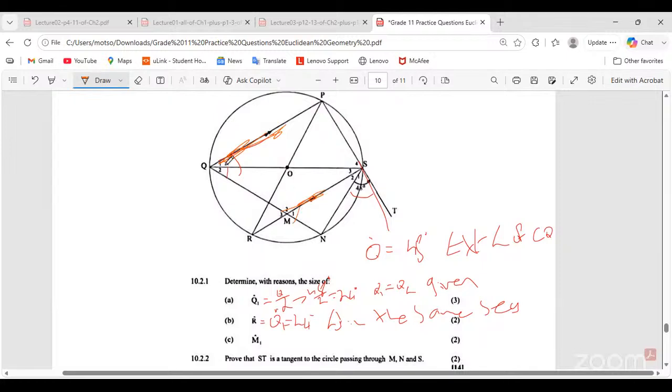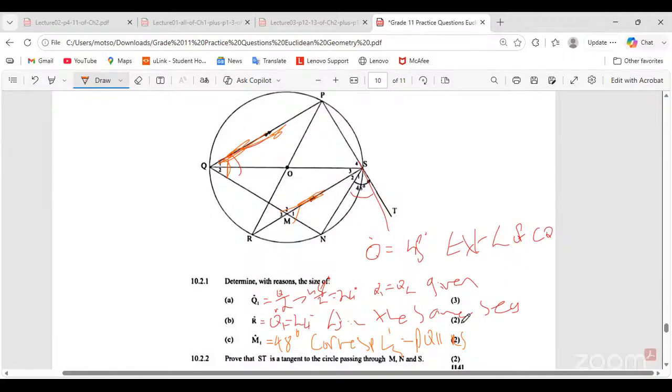Therefore, this angle is equal to that angle, corresponding angles. Therefore, M1 is equal to angle Q, the whole of Q. It is now 48 degrees. Corresponding angles are equal. Why? Because PQ is parallel to RS. Then you are done. You have your 6 marks inside a pocket.